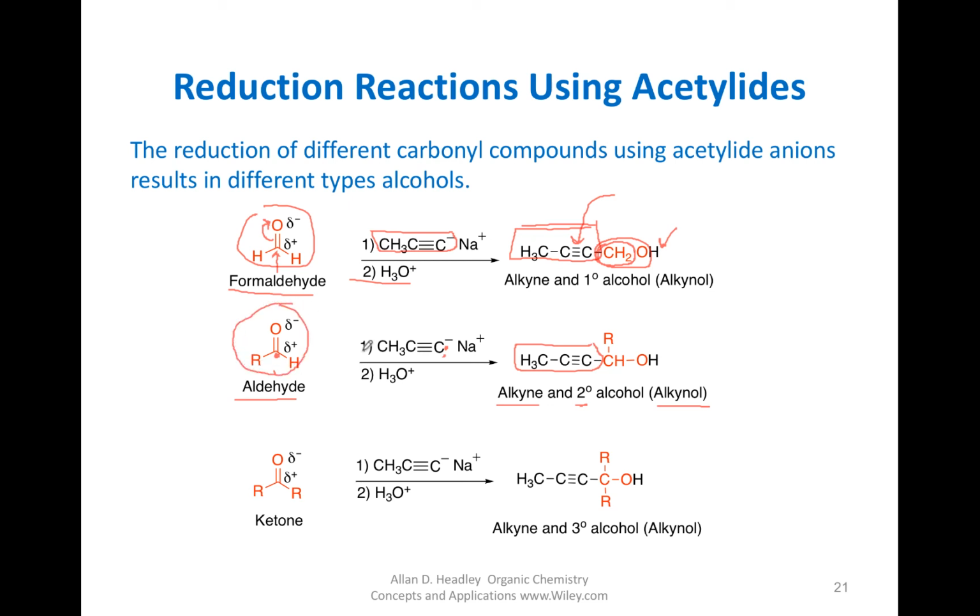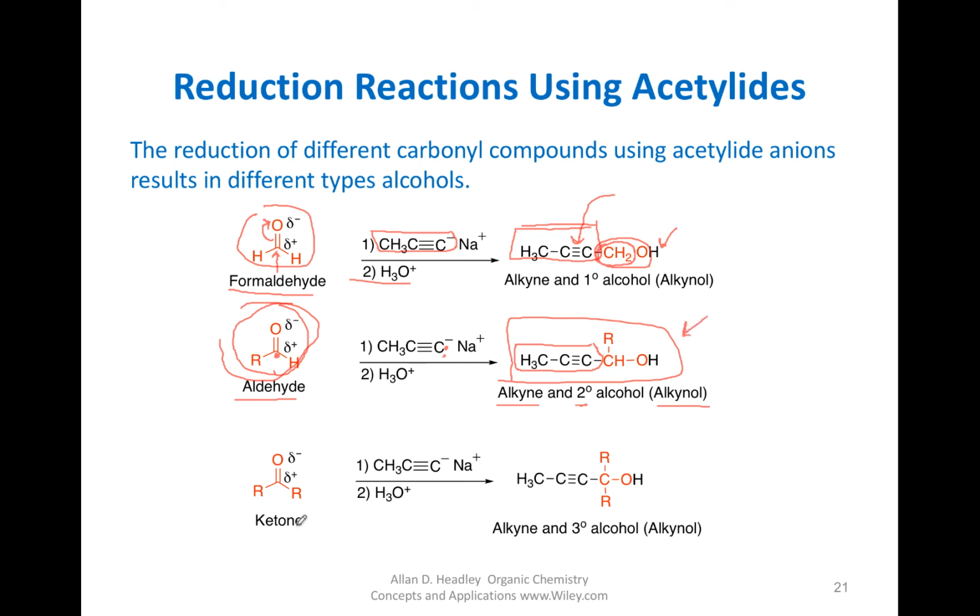So notice this molecule here is larger than our starting material. So as you can imagine, when you're doing synthesis, you have to think of a strategy where you can combine two molecules like these to make a larger molecule as shown over here.